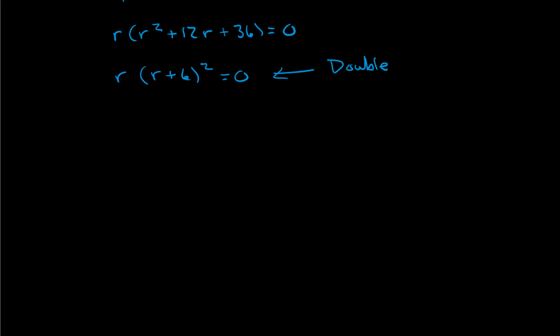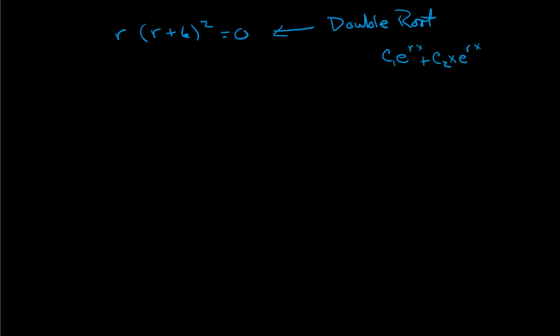Now remember, if we're in the double root scenario, we wind up needing to use things like e to the rx and x e to the rx. This could actually be a C1 and this could be a C2. But we also have this root of r equals 0.